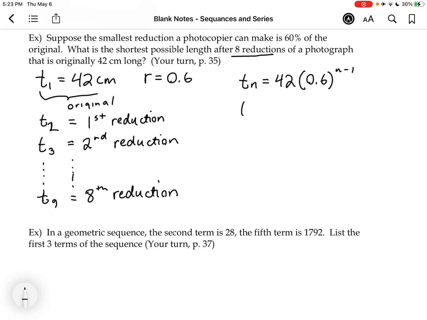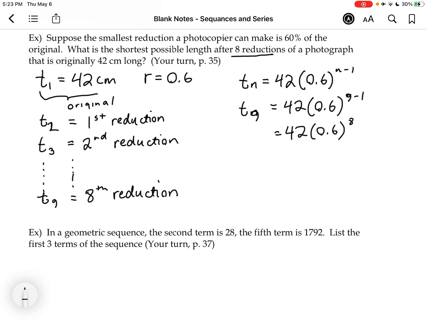So T9, the 8th reduction, would be 42 times 0.6 to the 9 minus 1, which is 42 times 0.6 to the 8.